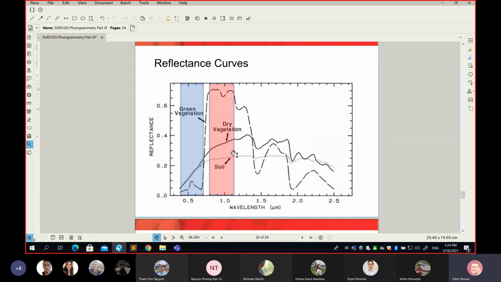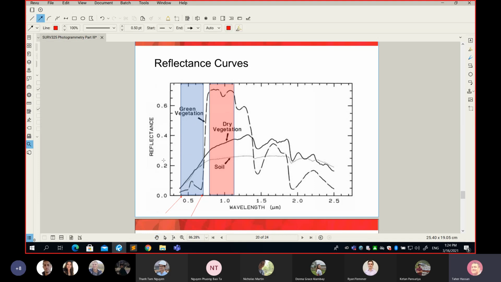Now, let me ask you a question. Let's assume that in this picture we have three different materials: soil, dry vegetation, and green vegetation. You can see them by different line types. If you take a photo of one area on the earth in visible light, remember, visible light is from 0.4 to 0.7, so this blue rectangle here is your visible light band.